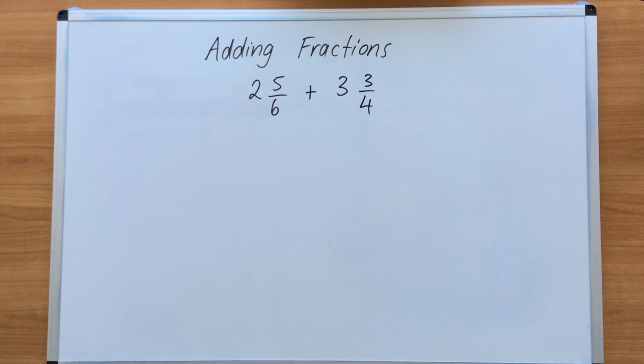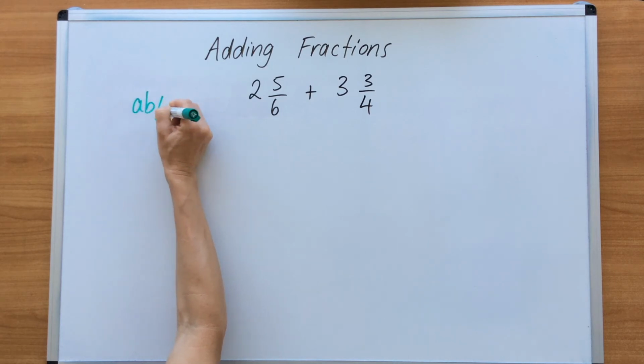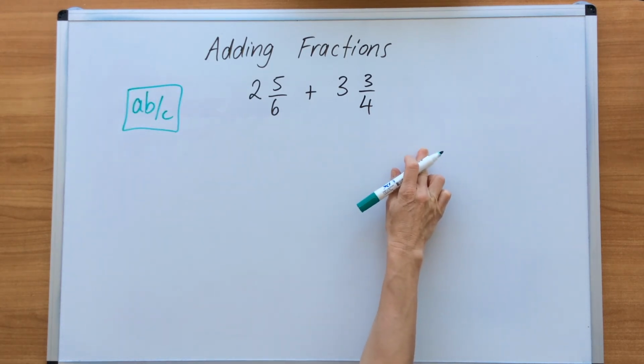Now to use a calculator, which is much quicker and easier, we're going to look at these steps here. So remember, our ABC fraction button is very important when we're doing this. We're going to use it a few times.